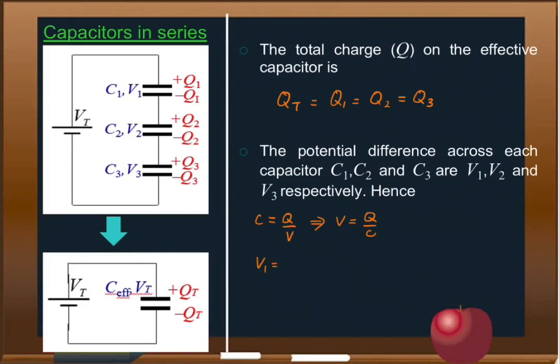So V1 will be Q1 over C1, and then V2 will be Q2 over C2, and V3 will be Q3 over C3. And we can also write down the expression for the total voltage, which will be V_T is equal to the total charge over C_eff.